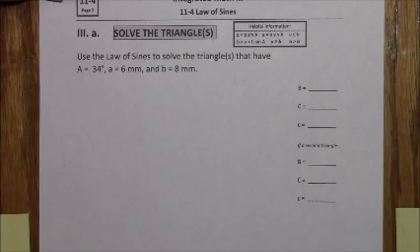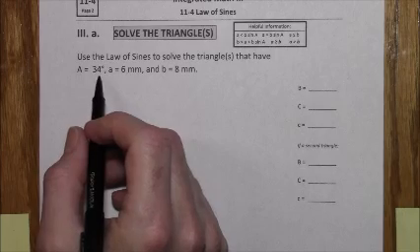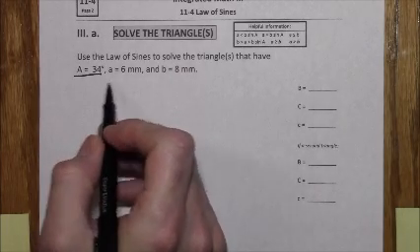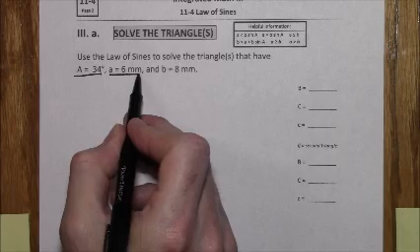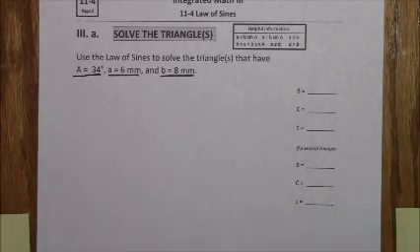Now, let's take a look at this example here. In this case, we have the information that the angle amount for A is 34 degrees, the length of side A is 6 millimeters, and the length of side B is 8 millimeters.